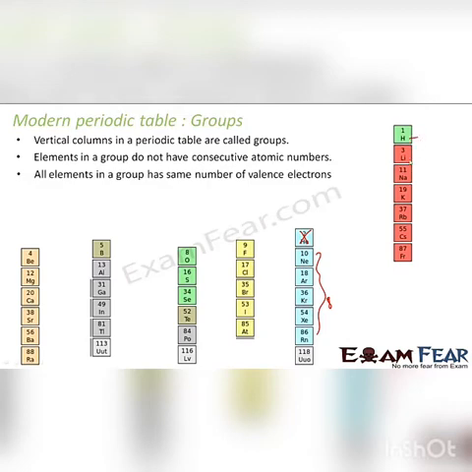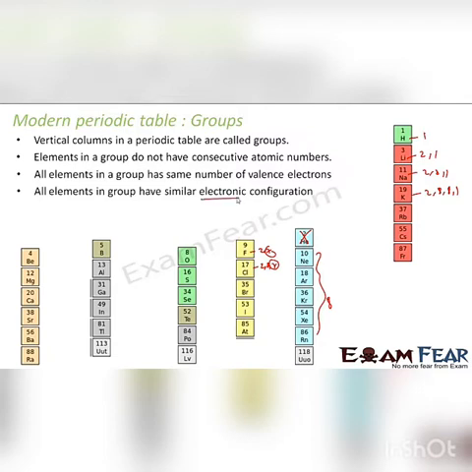Hydrogen is 1, lithium is 2 1, sodium is 2 8 1, potassium is 2 8 8 1. Right? So each and every element has 1 valence electron. Helium is the exception because helium's shell is filled with 2 electrons, but apart from that, all are 8. Here also, it is 2 7, this is 2 8 7, right? So all are 7.